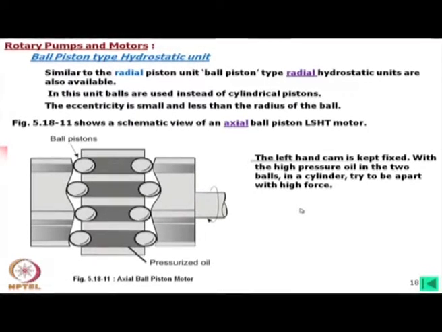So, these are normally not used as a pump, and if we use them as a pump there will be no benefit at all, but this can be used as a very slow speed high torque hydraulic motor, only because we can use the large area to generate large thrust over a small stroke.